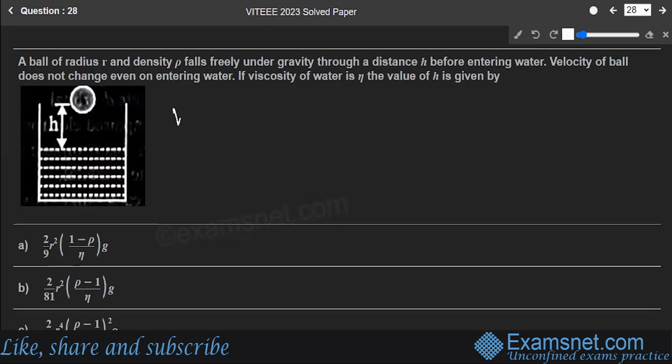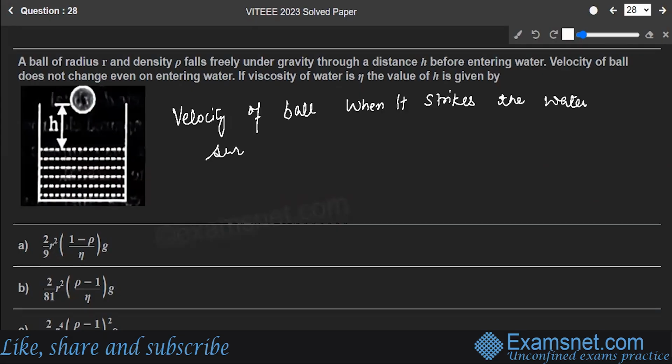So you have the velocity of the ball when it strikes the water surface, given by v is equal to root of 2gh.